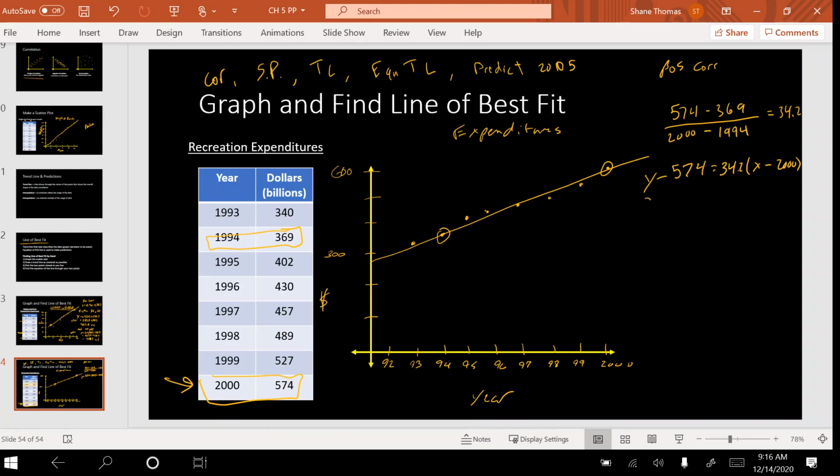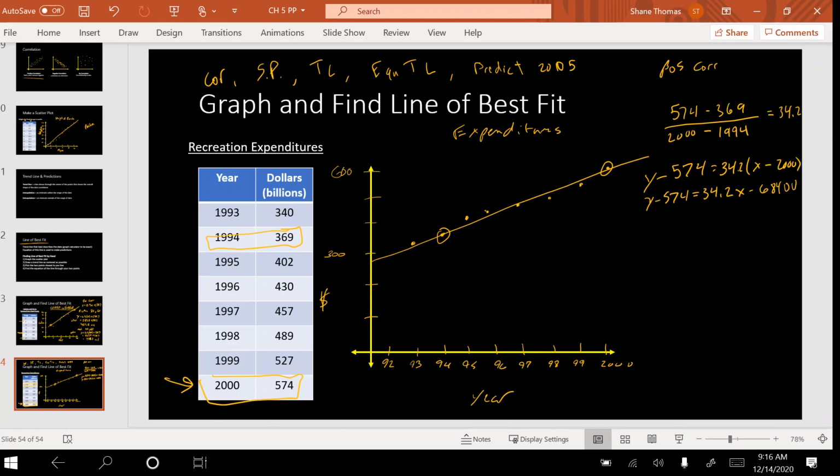Okay, distribute. So y minus 574 equals 34.2x. And then what's 34.2 times 2,000? 68,400.